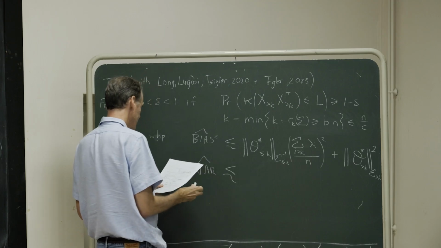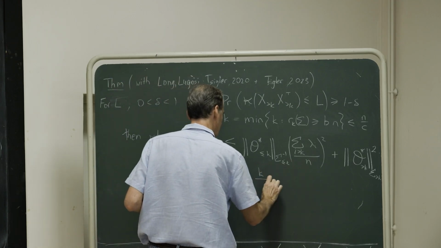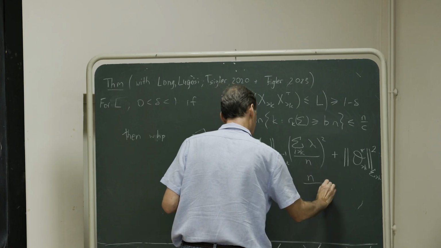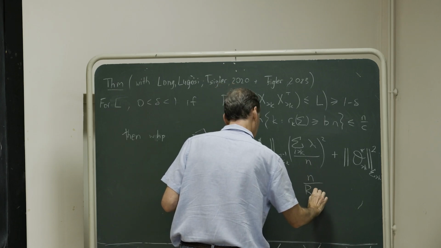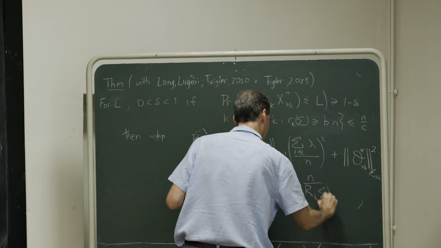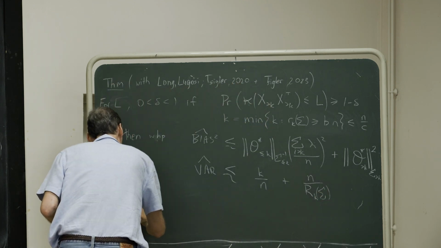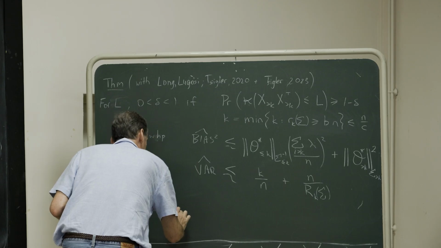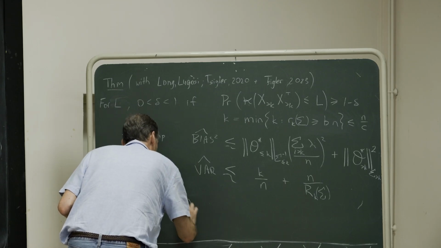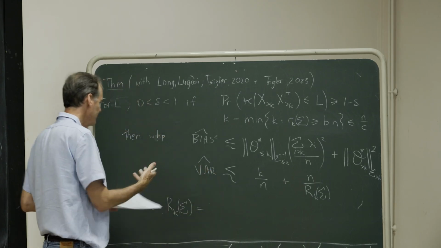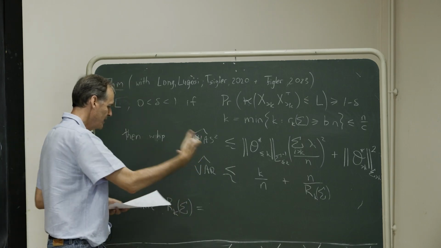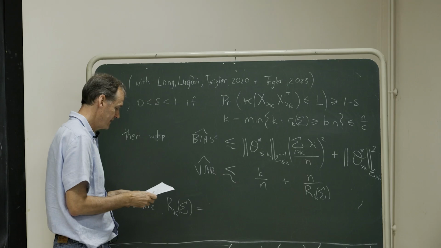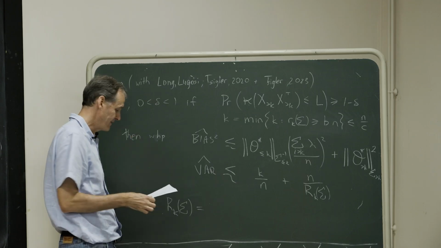that looks like a constant times the less than k part gives us just k over n, and the other part gives us n over another notion of effective rank. And this Rk sigma, little Rk sigma, was the ratio of the L1 norm to the L infinity norm for the tail eigenvalues.